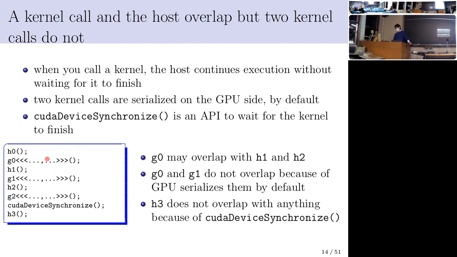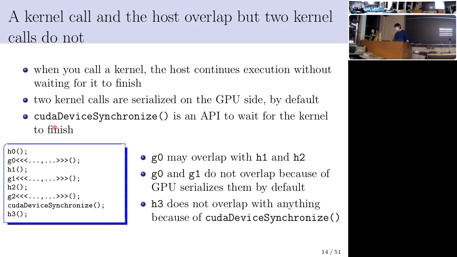Often you want to measure the time a particular kernel call takes in your program. But if you look at the clock right before the kernel call and right after the kernel call, it does not reflect the time this particular kernel call actually took, right? Because the CPU immediately continues execution right after it launches the kernel. It doesn't wait for the completion of the kernel by default.